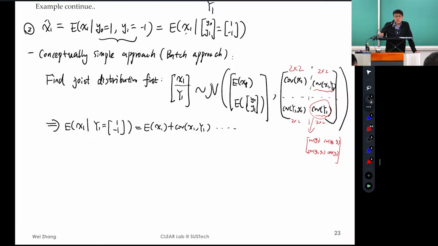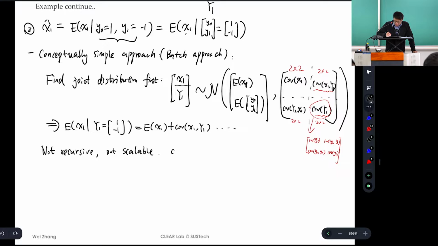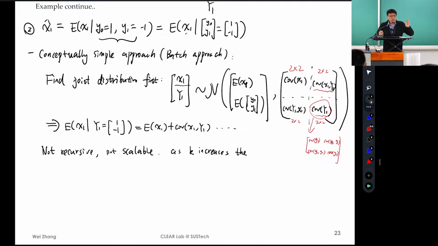What's the potential drawback of this approach? It's not recursive, and not scalable. As k increases, as k goes to 1, 10, 100, 1,000, the covariance matrix grows.